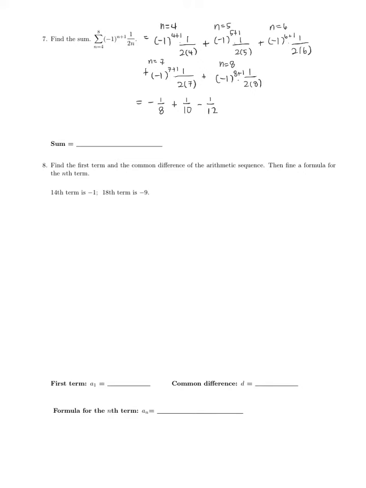And then when n equals 7, positive 1 over 14. And when n equals 8, it is minus 1 over 16. All right, so if you combine this all together, what I get is negative 167 over 1680. Please check my work. I make mistakes all the time.